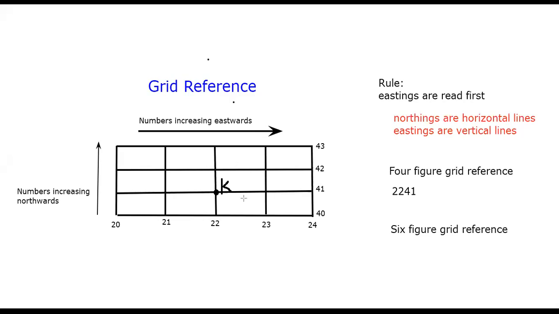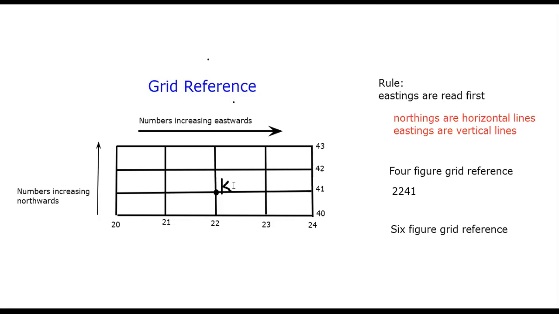If we're doing the six-figure grid reference for K, it would be the same thing. It wouldn't change. The only thing that would change is that it would be at 0, meaning it's just directly at the line. I'm going to show you what I mean in a few.